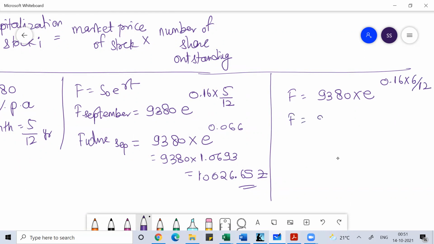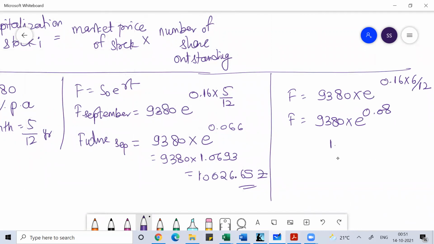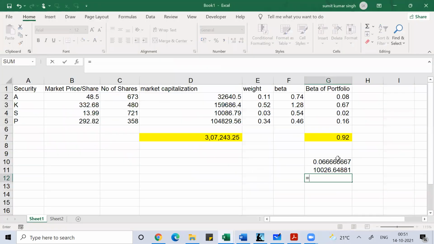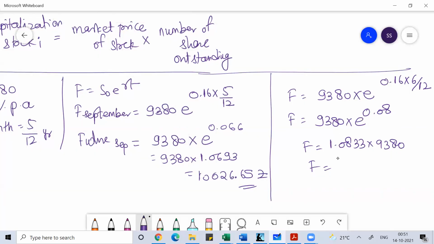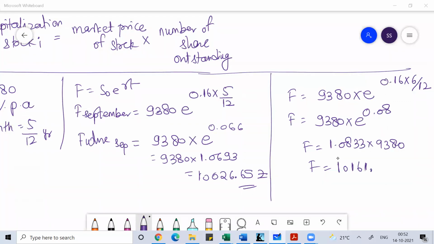So F is equal to 9380 into e to the power 0.08, that is 1.0833. 1.0833 into 9380, so the F value is equal to 10,161.35.